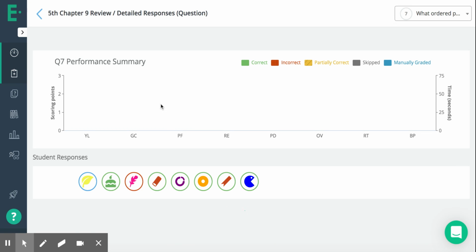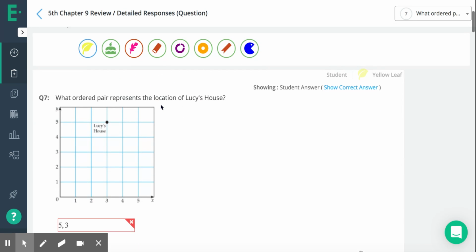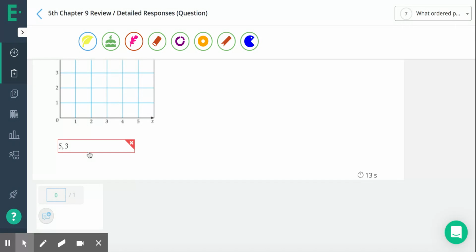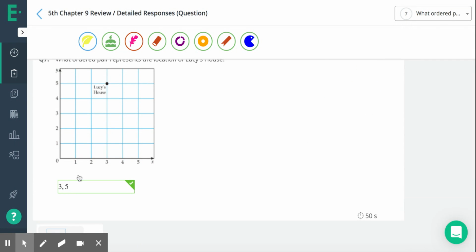Lastly, let's just go over real quick ordered pairs. Okay, I have the answer of 5, 3 or the answer of 3, 5. Remember, you have to walk into the elevator first before it rises up.